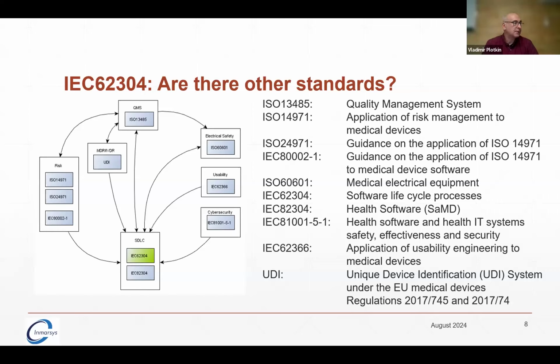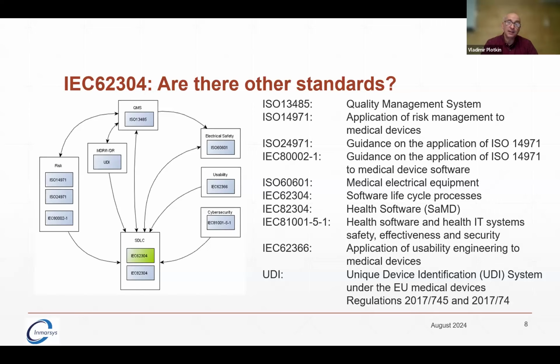Then there is a big chunk of requirements coming from risk management standards, and ISO 14971 is the cornerstone of all this. Then there is 24971, which is, again, guidance on how to apply it. And there is another, 80002-1, which is specific for medical software application of ISO 14971 to the medical environment.